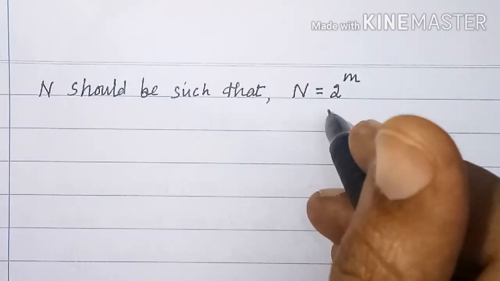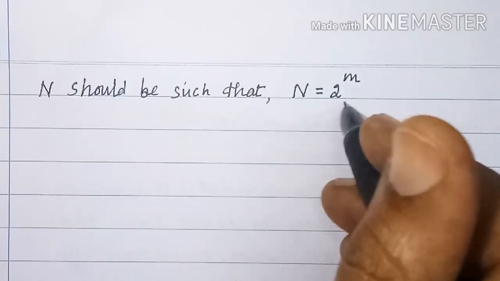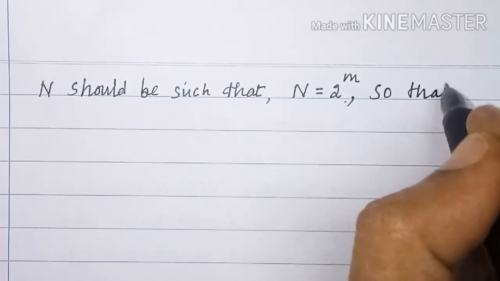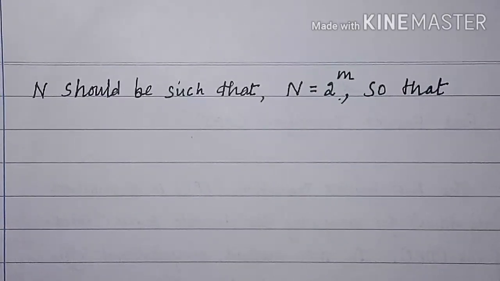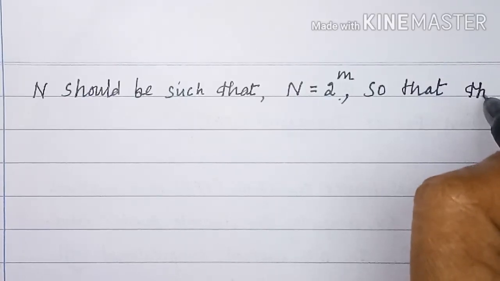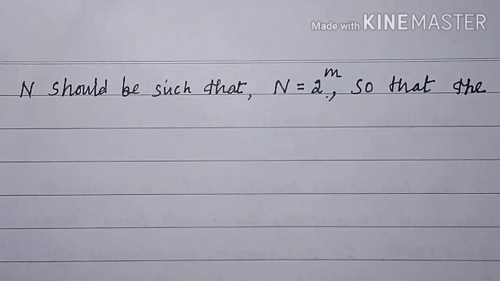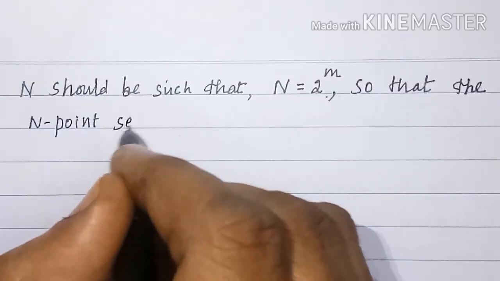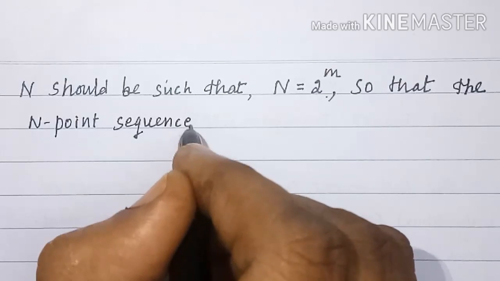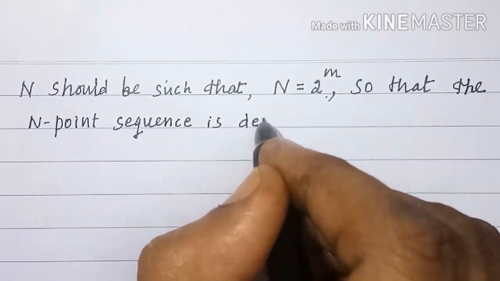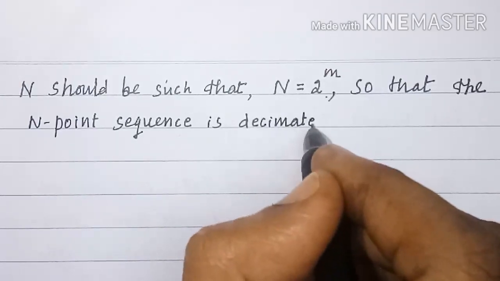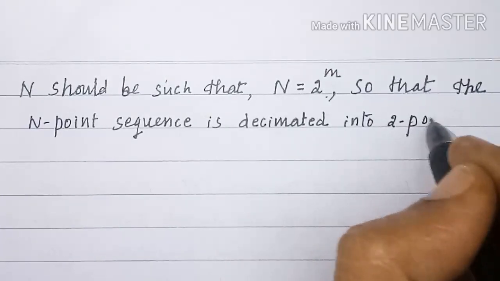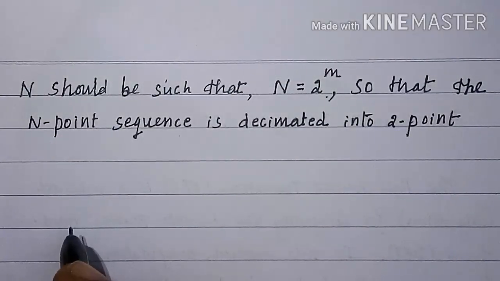That means it should be possible to express capital N as 2 to the power m, so that the N-point sequence is decimated into 2-point sequences.